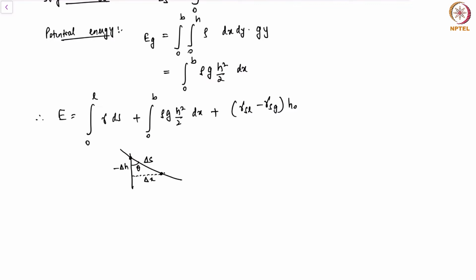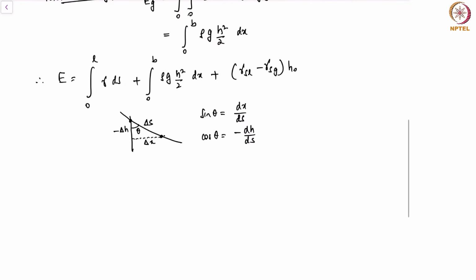So sine theta is dx by ds, cos theta is minus dh by ds, and therefore tan theta is minus dx by dh, and therefore dh by dx is equal to minus 1 by tan theta, or minus cot theta.